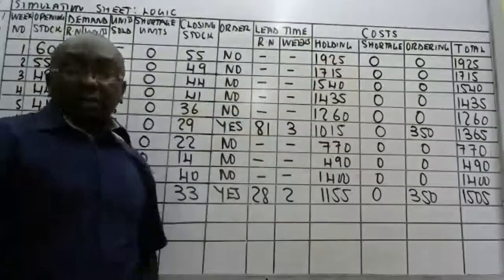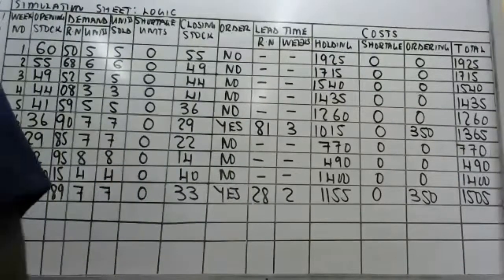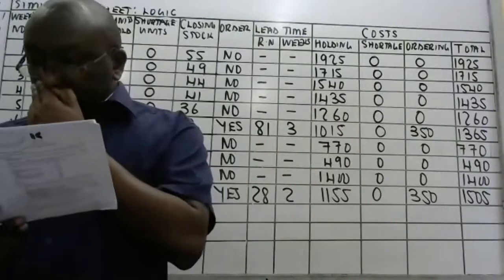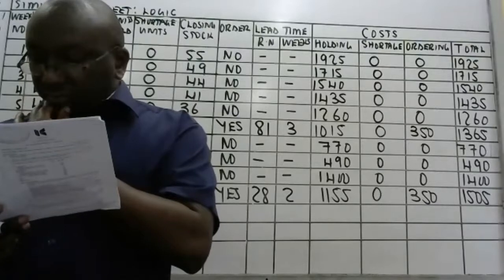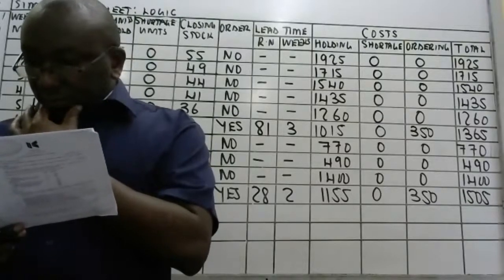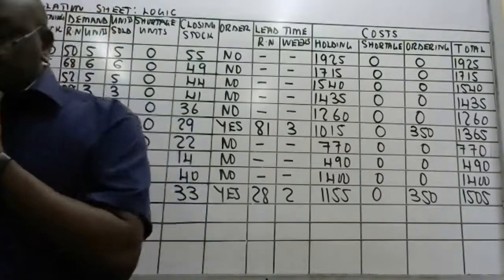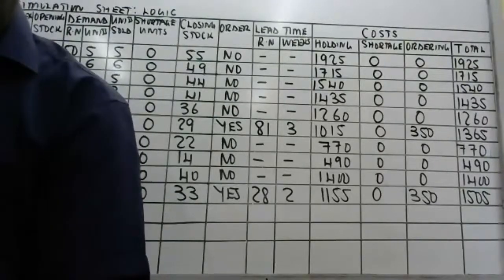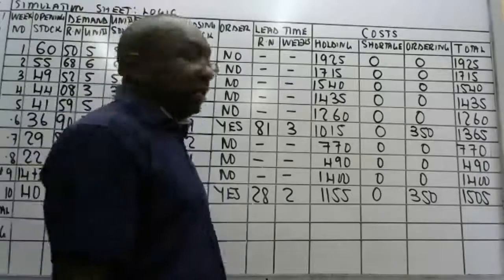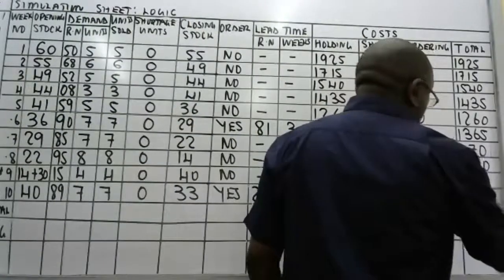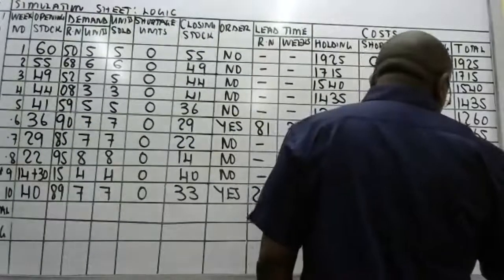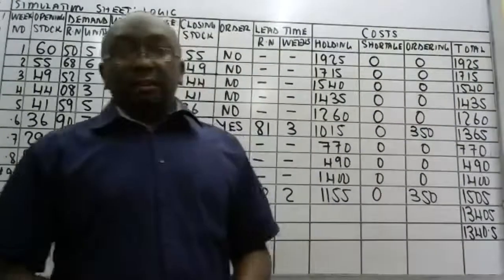So now give me the grand total. 13405. And therefore, the average when you divide by 10 is 1340.5.